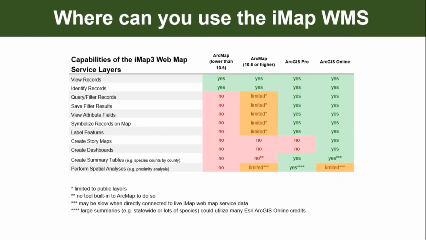Not quite as much as ArcGIS Pro, but still most of the functionalities that you would want to use. For ArcMap lower than 10.6, unfortunately, is pretty limited, but you can do basic things like access the presence records and identify and view those records. And I should mention, I'm also going to show you where we have a detailed help document that lists out these sorts of details, so you don't need to remember everything I'm presenting now.